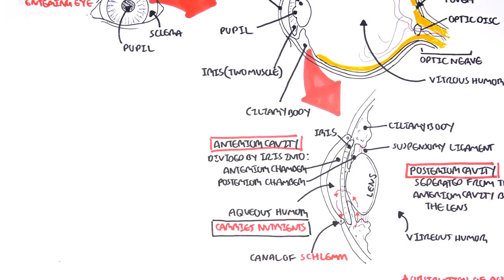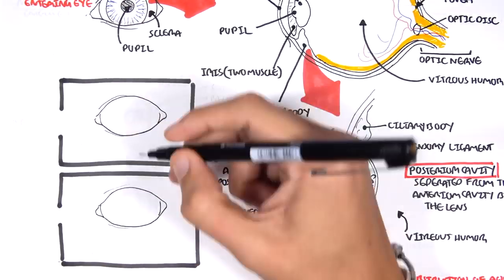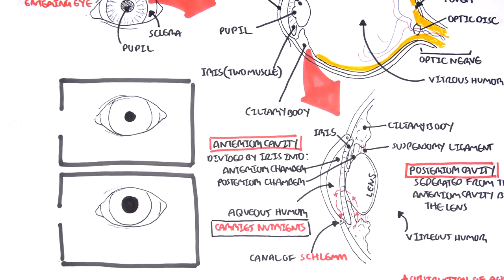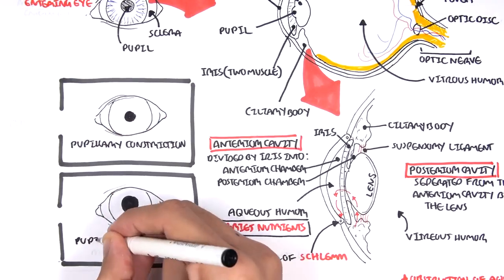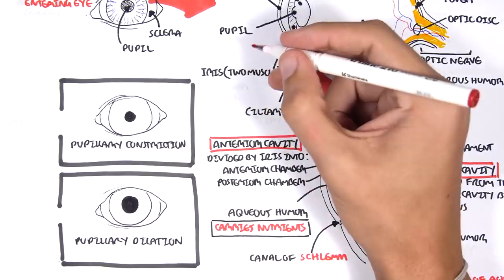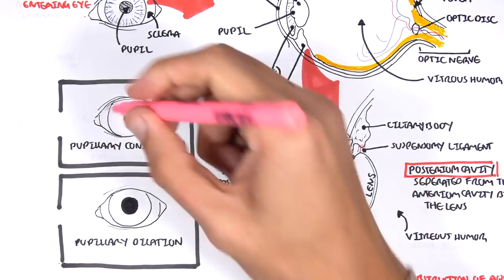Now let us look at two scenarios where the pupil constricts and relaxes: pupillary constriction and pupillary dilation. Remember, the iris has two muscles. These are the sphincter muscles and the dilator muscles on the outside.